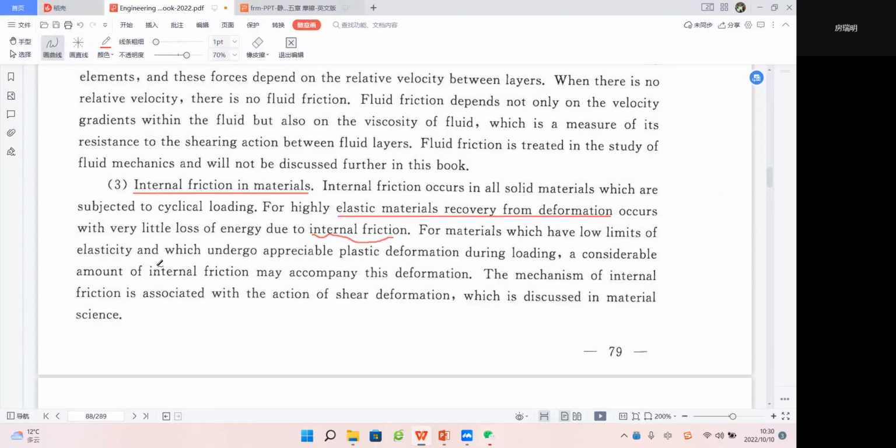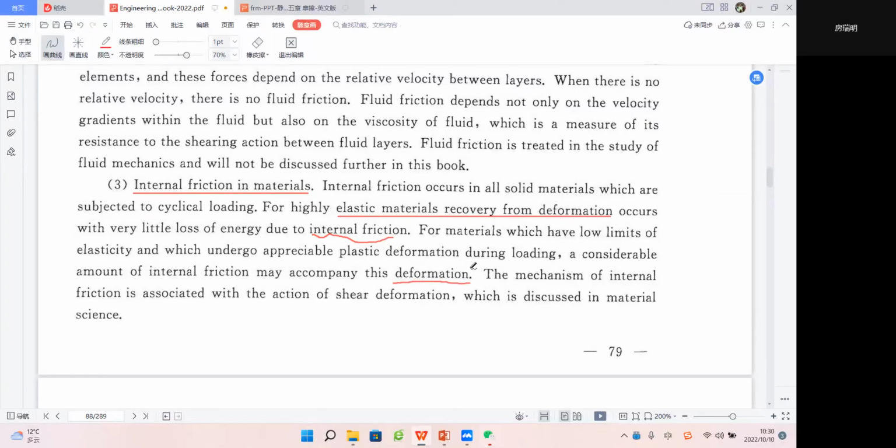Because when we talk about elasticity, if this material has some deformation under some kind of loading, when the loading is removed, because the deformation is elastic, all the deformation will restore from some value to zero.